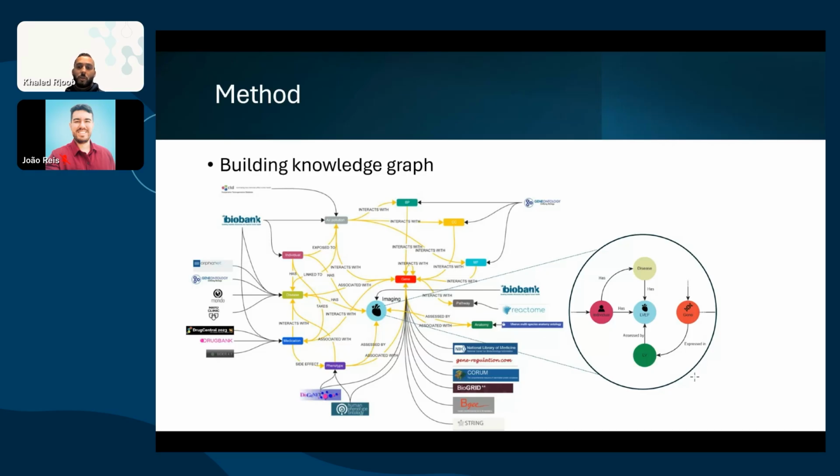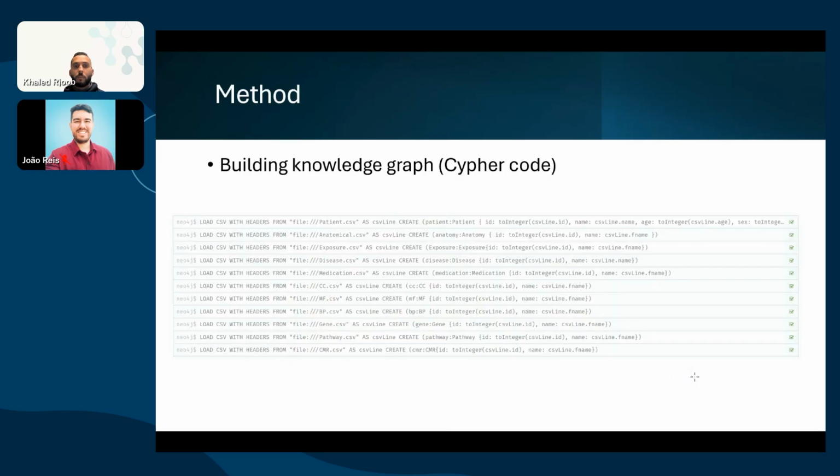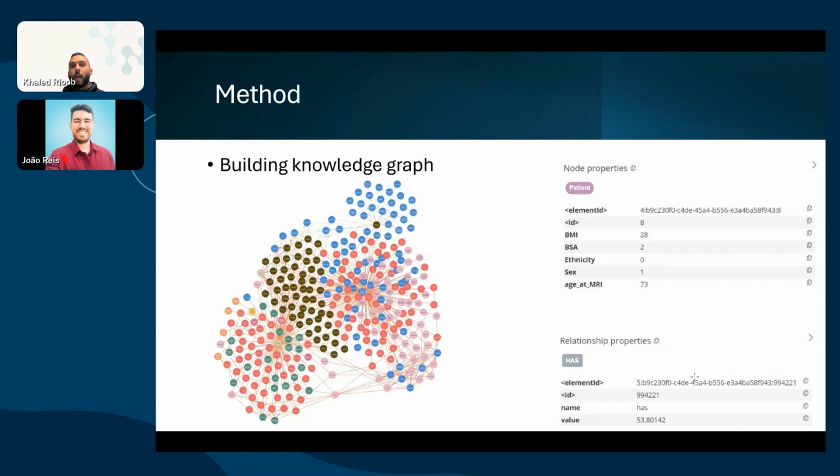So the CMR features are integrated in our knowledge graph as nodes, and the values of those CMR features are integrated as properties on the link between the patient, or the individual, and the CMR feature. And then we ran the Cypher code in this slide to create the nodes in our knowledge graph. I just want to highlight that in our patient nodes, we integrated the demographics of the patients.